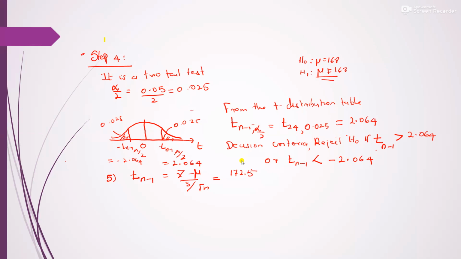So 172.5 minus mu. What is the value we specified under H naught? 168. Divided by S, the sample standard deviation, 15.4, divided by square root of n, 25. That is equal to 1.46.